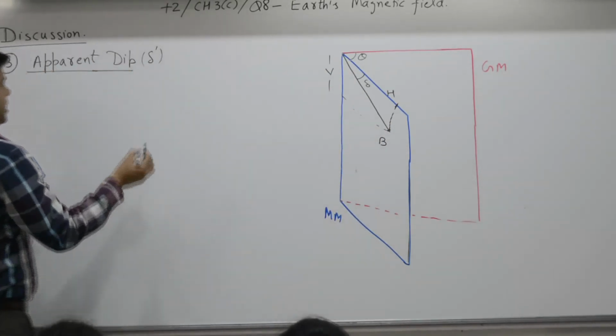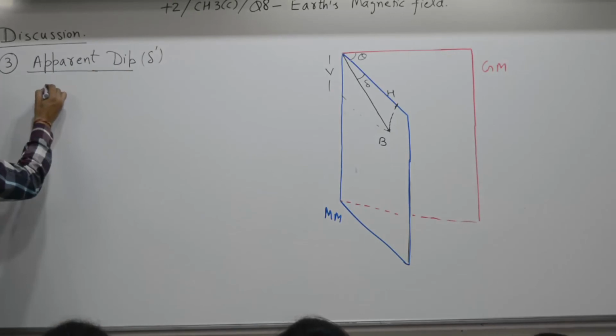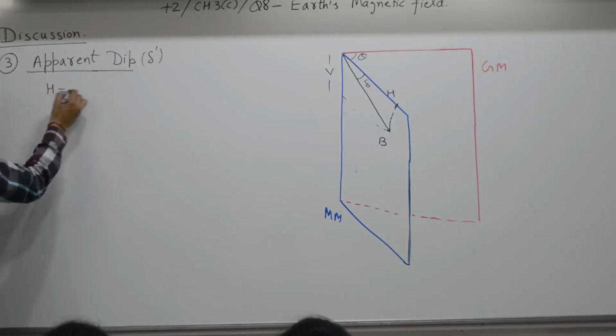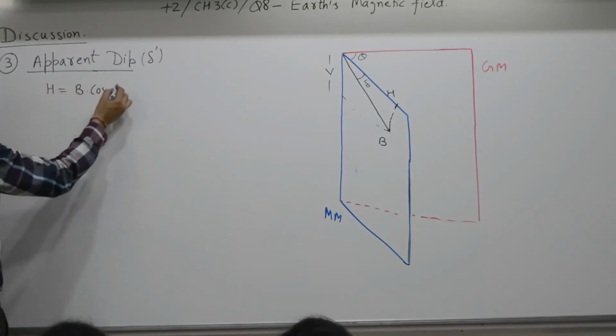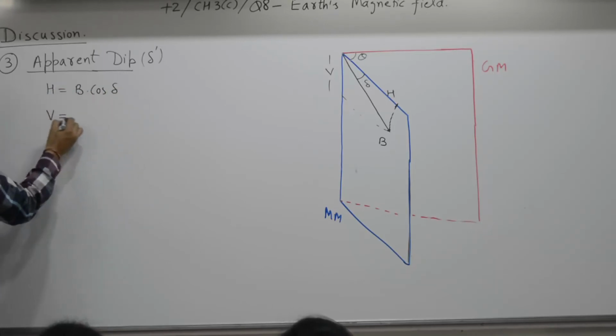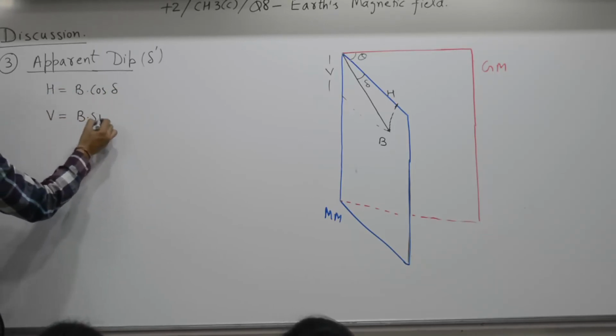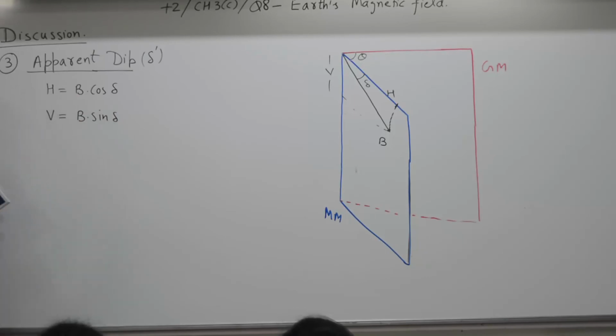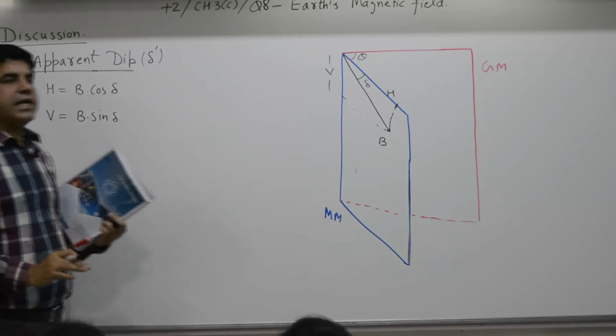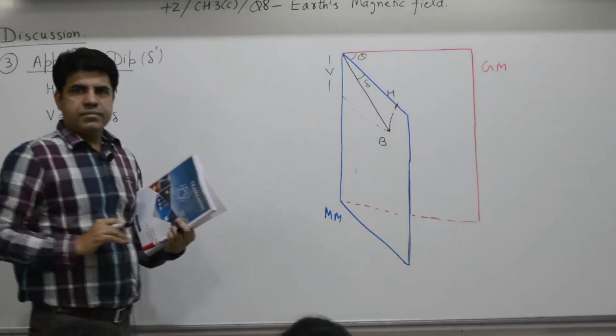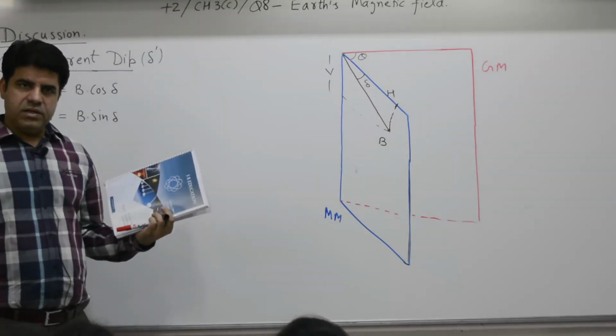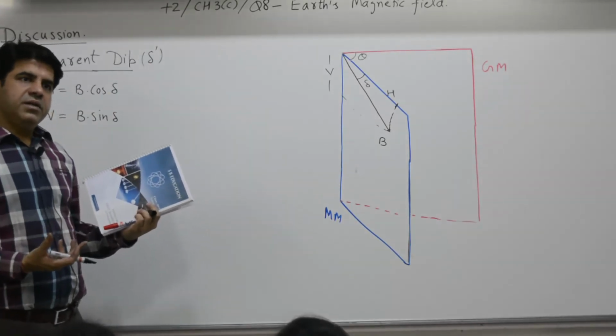H is equal to what? That means H is equal to B cos delta, and V is equal to B sin delta. This is we are talking about the dip in blue color. That is termed as actual dip, because dip is defined only for magnetic meridian.